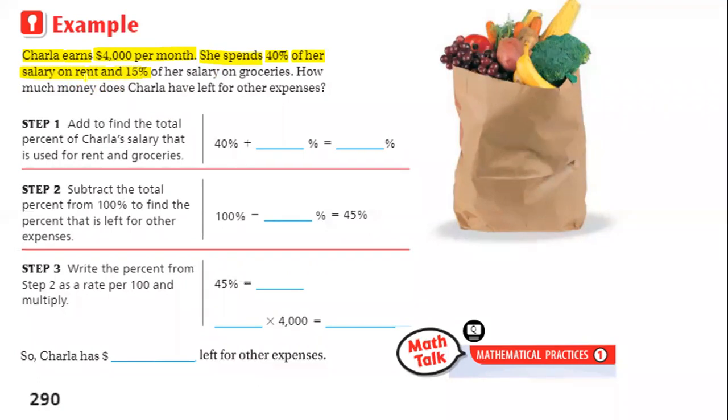Do you know the meaning of rent? The money that you pay for a house, okay? Yeah, the rent. And 50% of her salary on groceries. Groceries means the place where you buy vegetables and fruit, buy things. Okay.